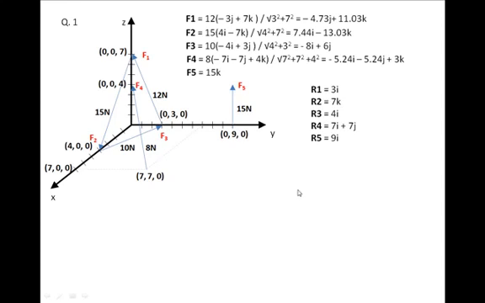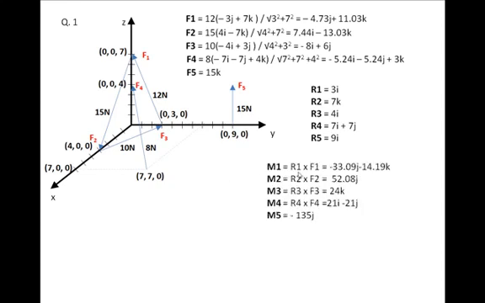Then what you do is find the moment of all these forces about the origin. For this, position vectors are useful. M1 is simply R1 cross F1, M2 is R2 cross F2, M3 is R3 cross F3, and M4 is R4 cross F4. M5, we have not elaborately written here, but it will be R5, which is 9j, cross 15k.